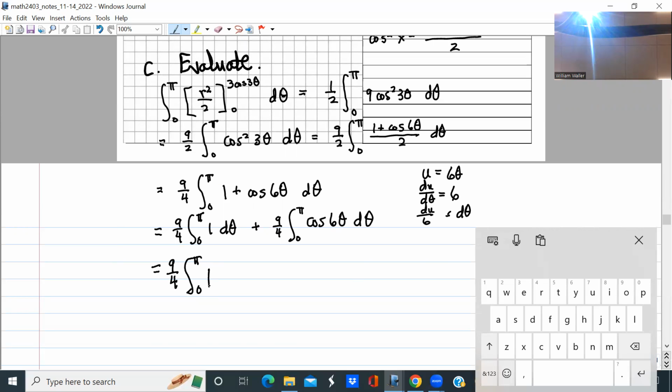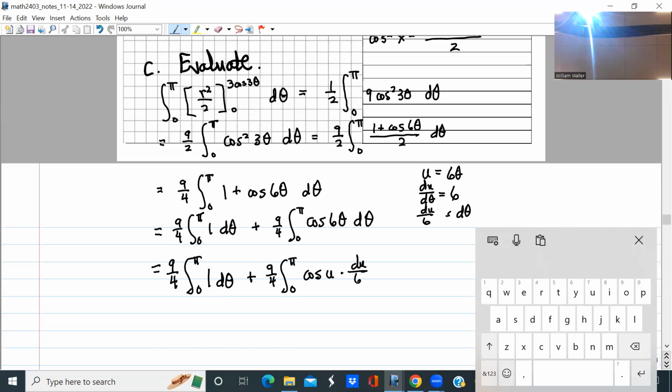Of course, this one we can do anytime we want to. That one is very easy. So here we have 9/4, 0 to pi, cosine of u, and then du over 6.